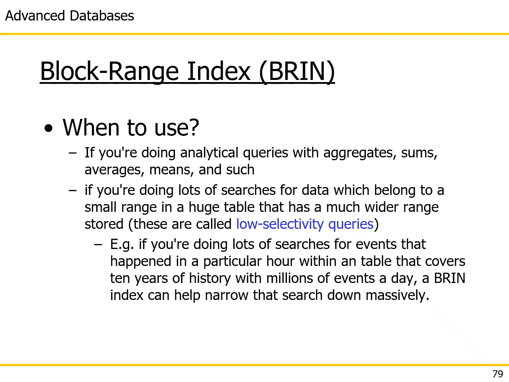I'm going to start with the second bullet in this slide. Let me read it. It says, if you're doing lots of searches for data which belongs to a small range in a huge table that has a much wider range stored. What's the story here? I have a range of values, let's say from 1 to 1 million, but I am running lots of queries that pick a very small, narrow range within this big range.